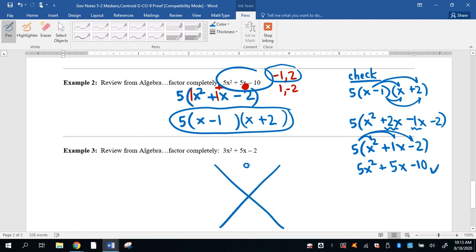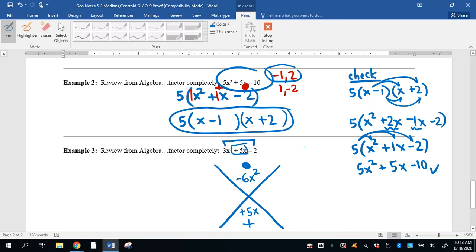So we're looking for two numbers that multiply to get the product of the first and last terms and add to get the middle term. So the product of the first and last is -6x squared, and the middle term is a positive 5x. So now we're looking for two numbers that multiply to get -6, add to get 5.